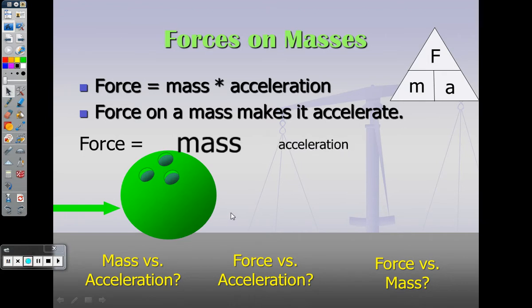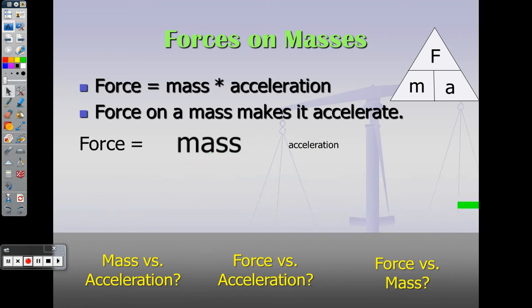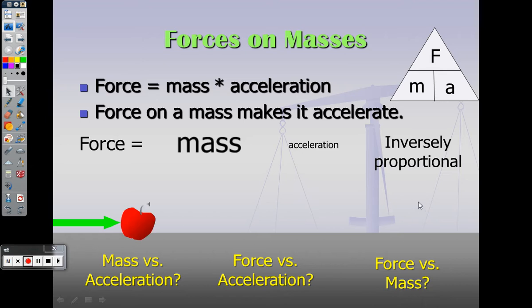Right, because the same amount of force acting upon a greater mass, your acceleration is going to go down. So what type of relationship was that? Inversely proportional.